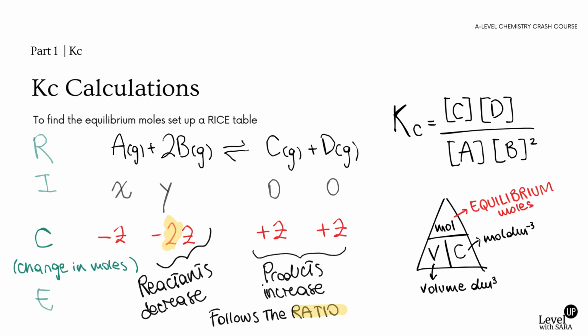Then, as the reaction starts to take place, there is a change. It's a decrease in the amount of reactants and an increase in the amounts of product. So this change follows the ratio. Important: reactant decreases and product increases.